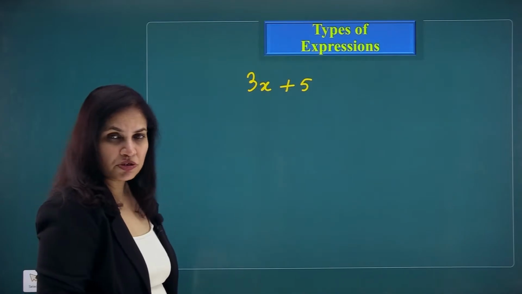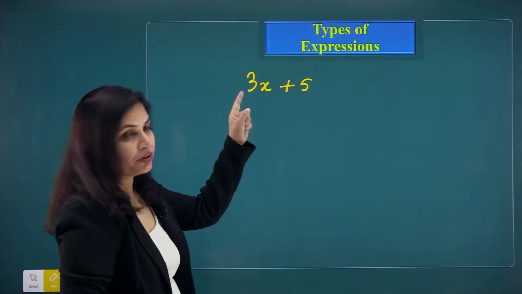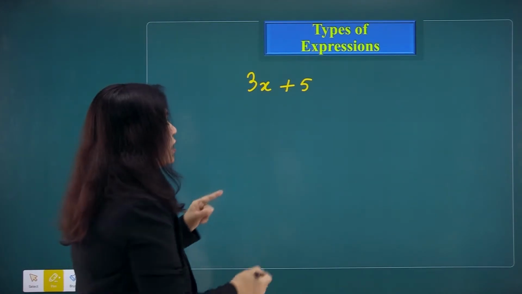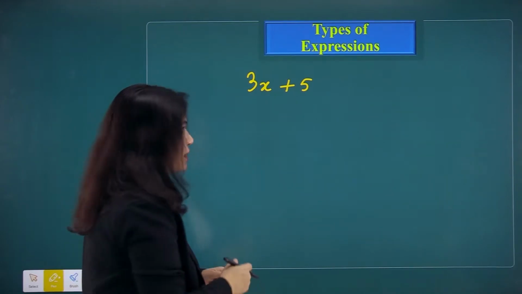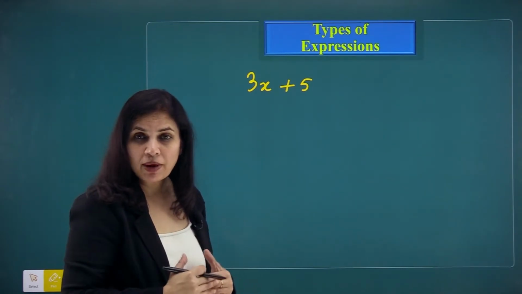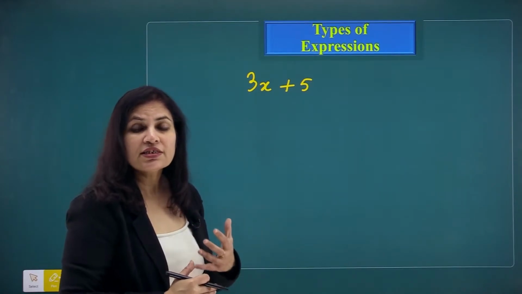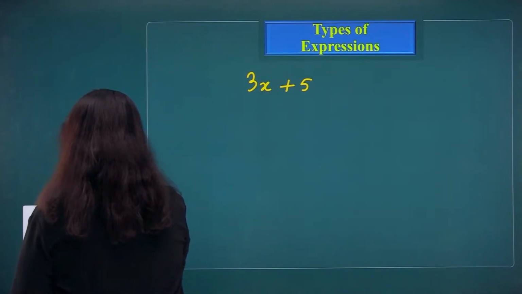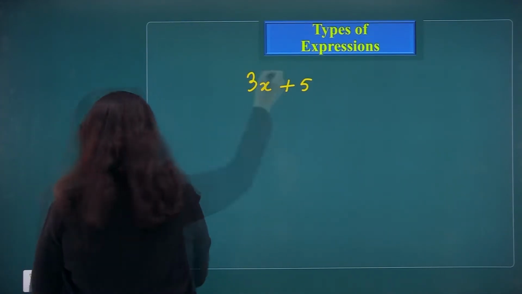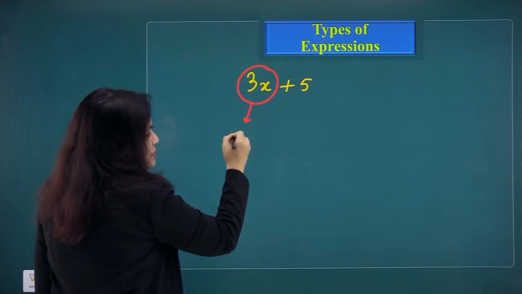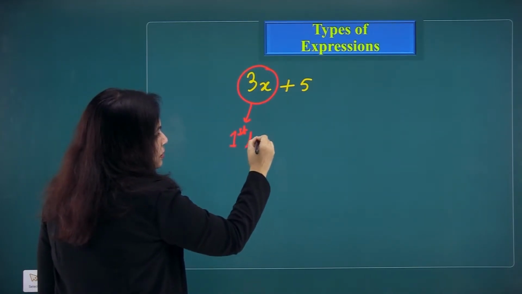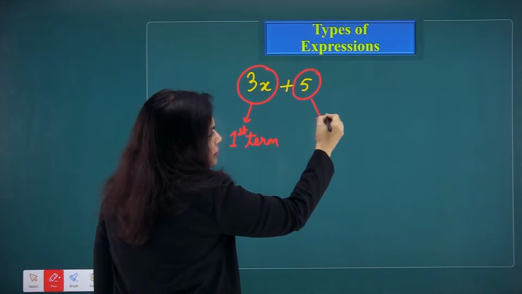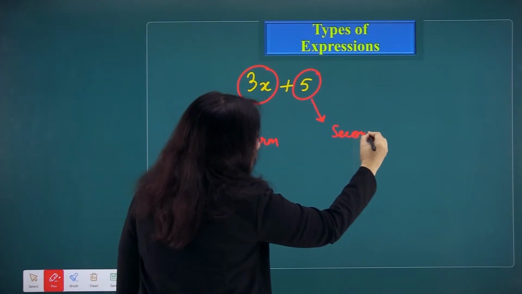It's an algebraic expression because it's a combination of a variable and a constant, and the sign in between is plus. So whenever we have a plus or minus sign between two numbers, it separates an algebraic expression into terms. So here the first term of the expression is 3x, and 5 is the second term of the expression.